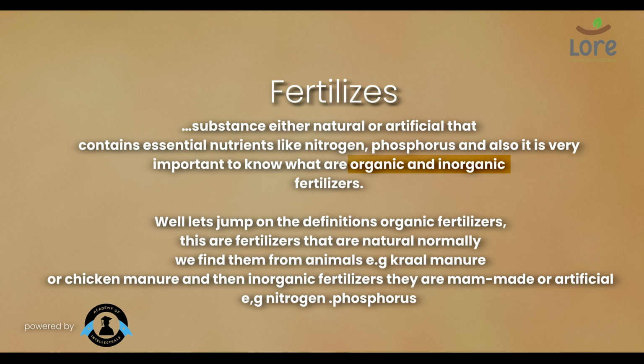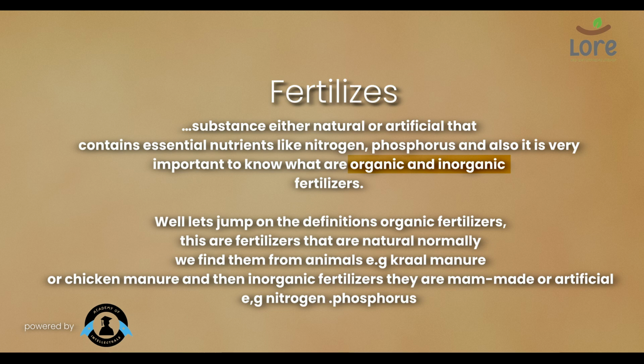Organic fertilizers are fertilizers that are natural. We get them from animals sometimes, like cow manure and chicken manure. Inorganic fertilizers are fertilizers that are man-made or artificial, for example nitrogen and phosphorus.